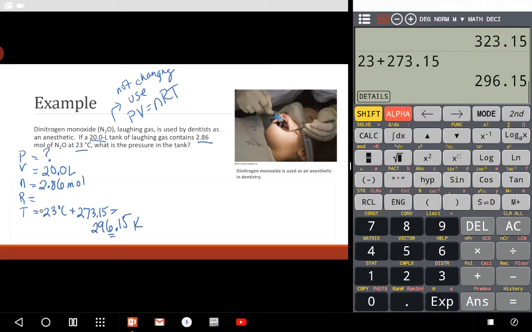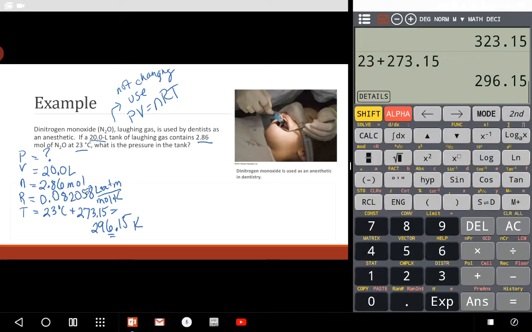And then R is an ideal gas constant. Since it doesn't tell me a pressure unit, it kind of is my choice what R value I use, but I see that my volume's in liters, and so I'm just going to use the constant that is 0.082058 liter atmospheres per mole Kelvin. Sometimes that's rounded to just 6, but that's the more sig fig version of it.